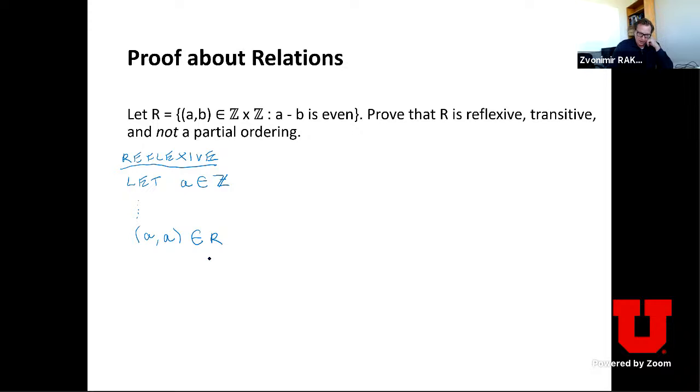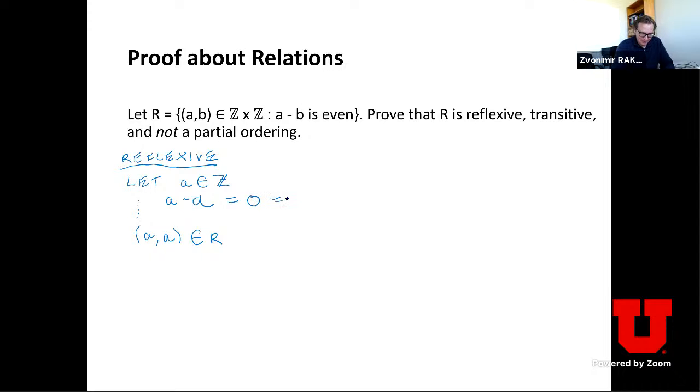So a is an element of Z. And then we plug it into this expression, a minus b is even, and we want to show this is even. So we have a minus a, and that is equal to 0.